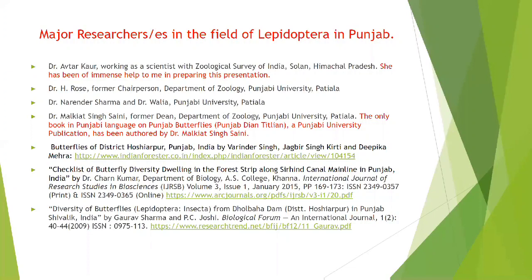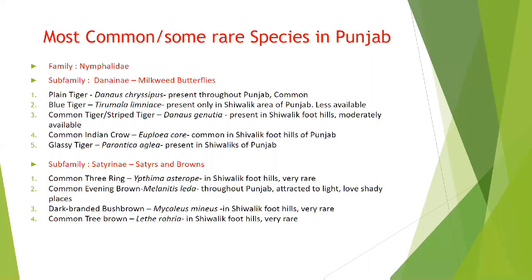Next slide, please. Now I come to the most common and some rare species in Punjab. The largest family is Nymphalidae, subfamily Danaini. There are 5 species: plain tiger, blue tiger, common Indian crow, glassy tiger. Glassy tiger is very rare.